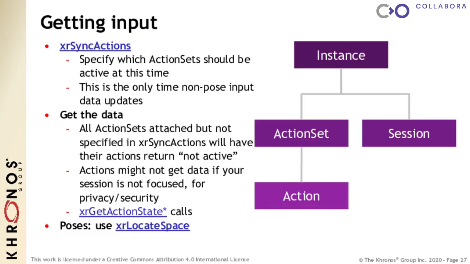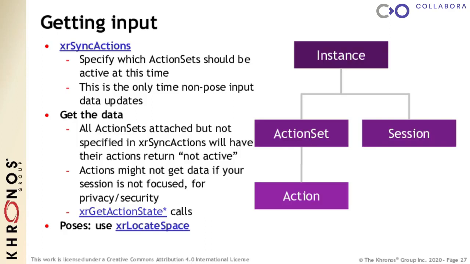To get action data from actions, you'll use XRGetActionState calls. There's one for each type of action. Pose actions are a little bit different. They continue updating all the time, not just at XRSyncActions time, because tracking is latency and time sensitive.